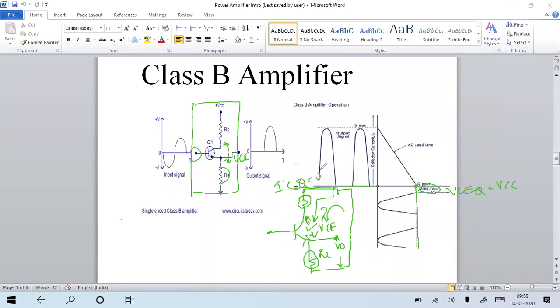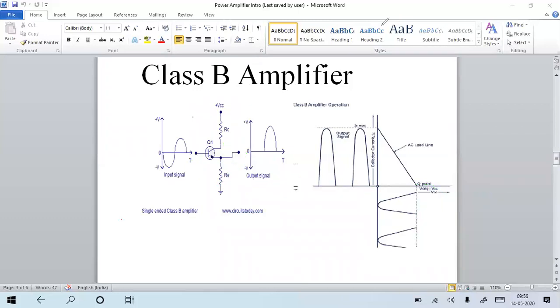In the class A amplifier, a resistor is connected from the VCC supply to the base terminal, so that we provide some biasing voltage to the base terminal, such that the transistor always maintains the on state.